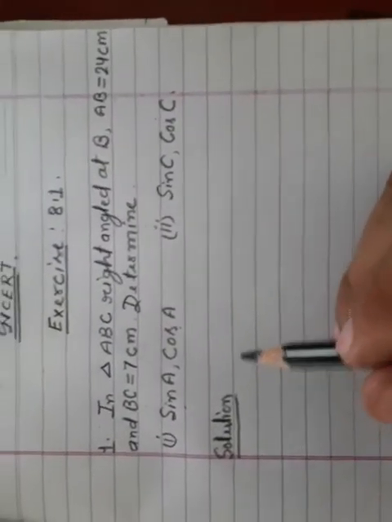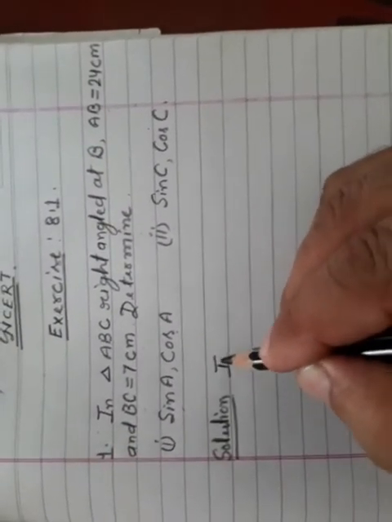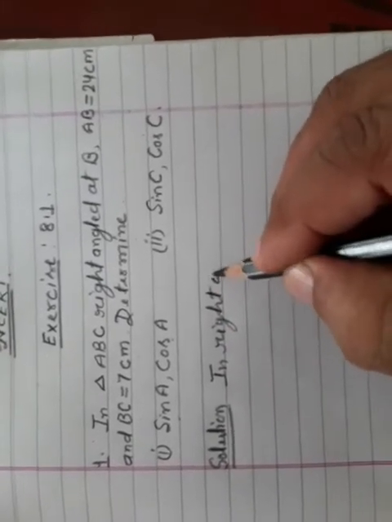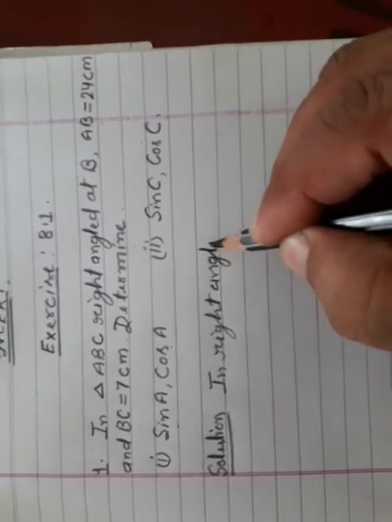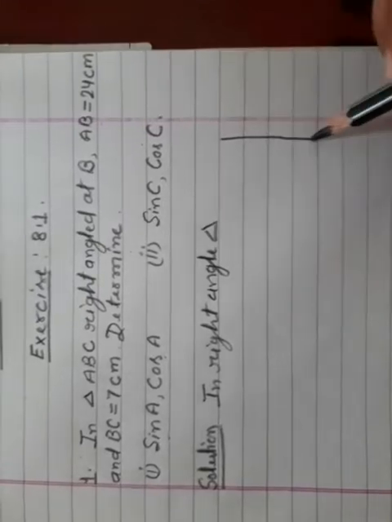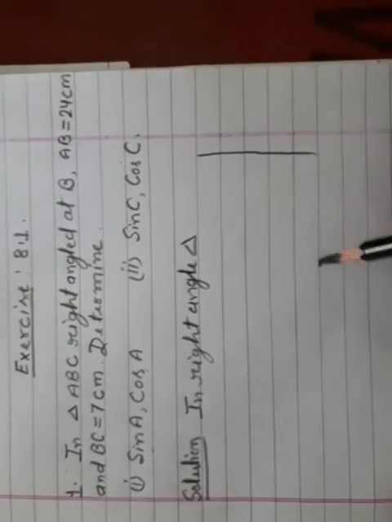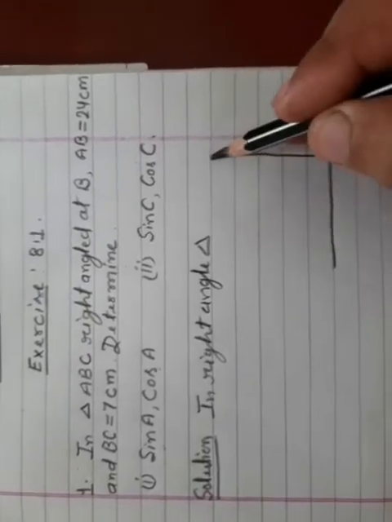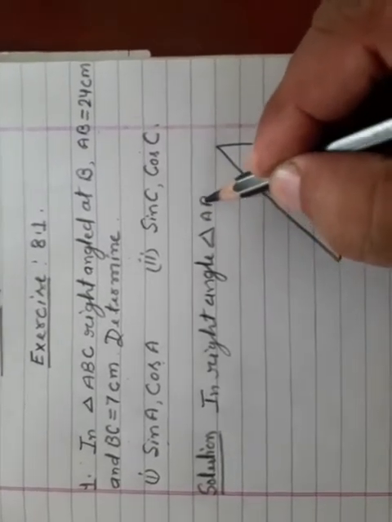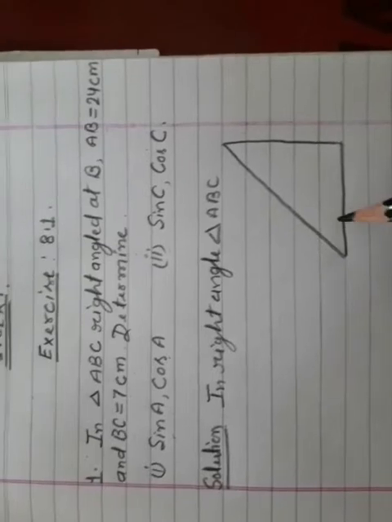Get here the solution. In a right angle triangle, first we draw here the right angle triangle ABC.